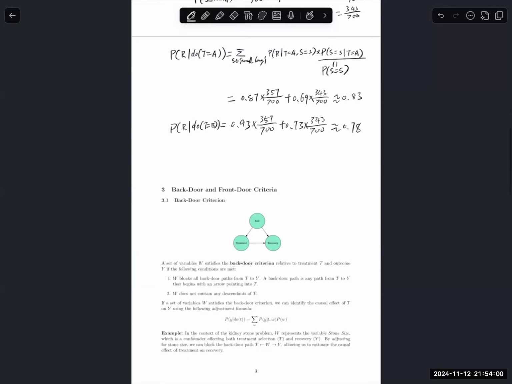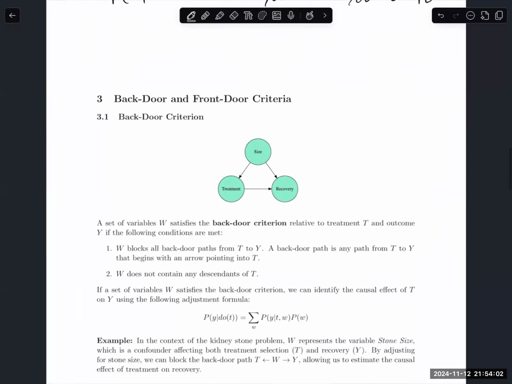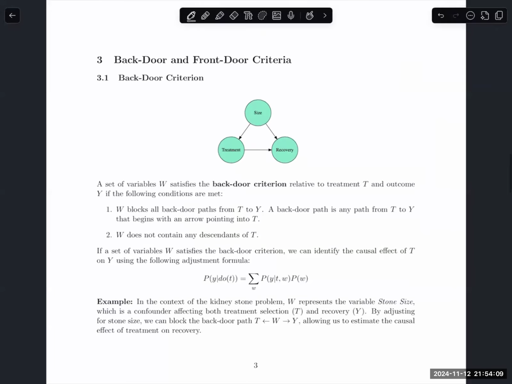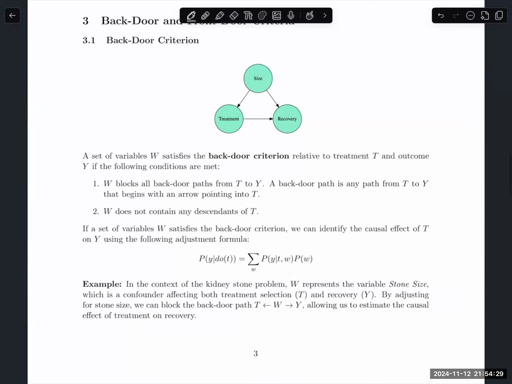So let's continue by looking at some other key concepts. Let's move on to the backdoor criteria first, which is very important in causal inference. The backdoor criteria helps us determine if we can properly estimate the causal effect of the treatment on the outcome by adjusting for a set of variables, W. So, here's a formal definition of the backdoor criteria.